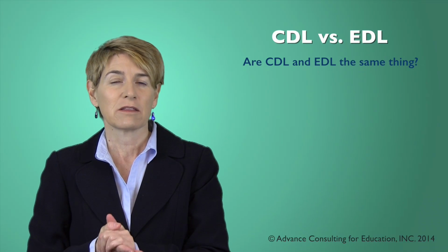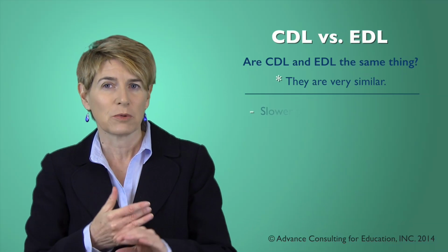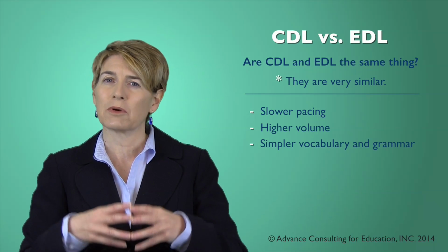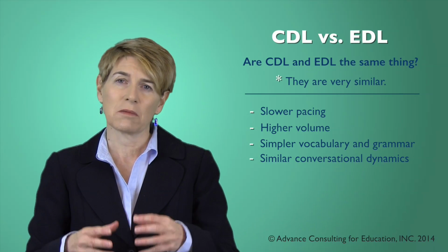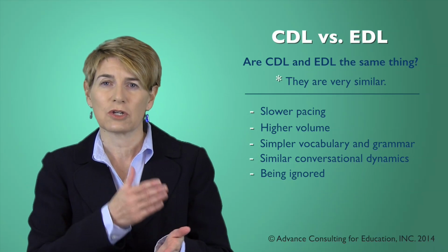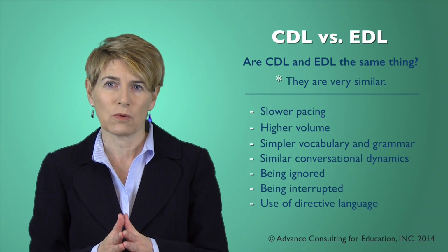And if you look at it, they are very, very similar. So they both have slower pacing, higher volume, simpler vocabulary, simpler grammar, and so on. A lot of the conversational dynamics are the same: the ignoring when the person tries to change the subject or change the topic, the interrupting, the use of directed language, and so on.